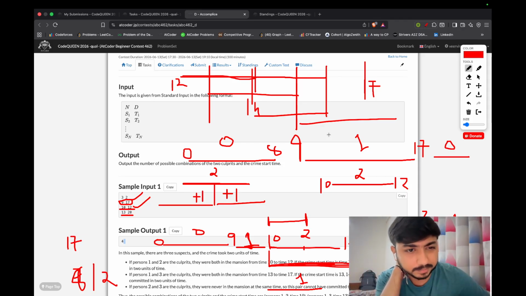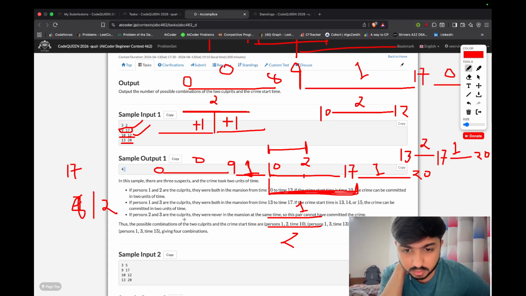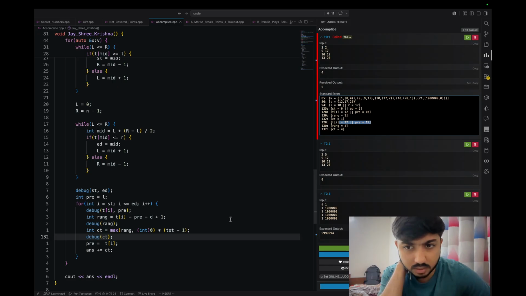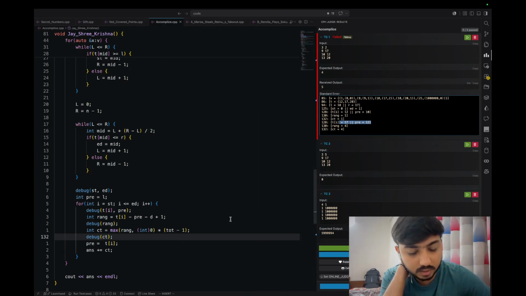No, how is this happening? Start at 13, start at 14, start at 15. No, we can't start at 12.